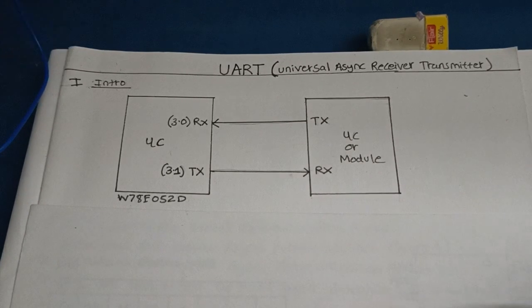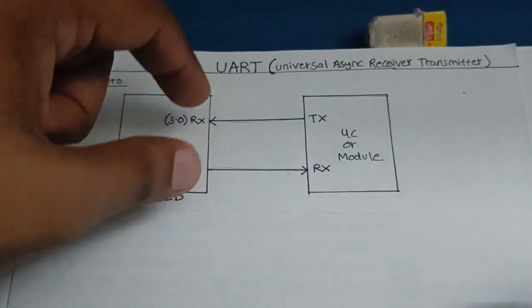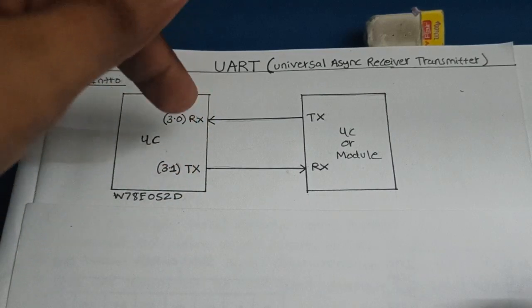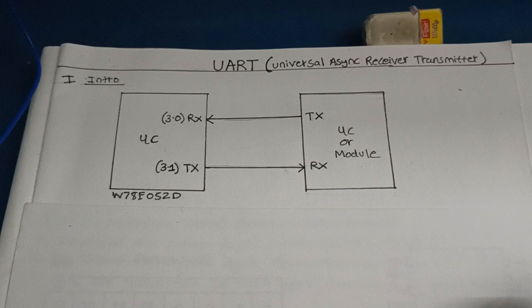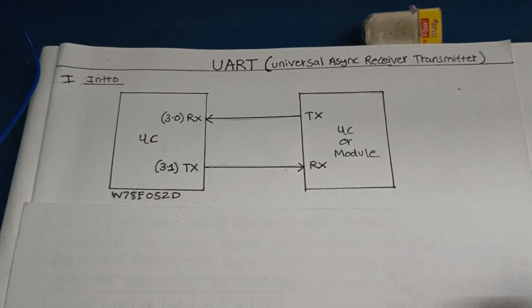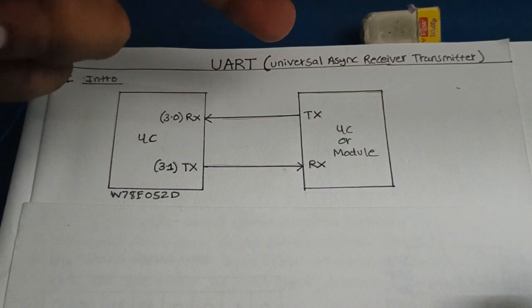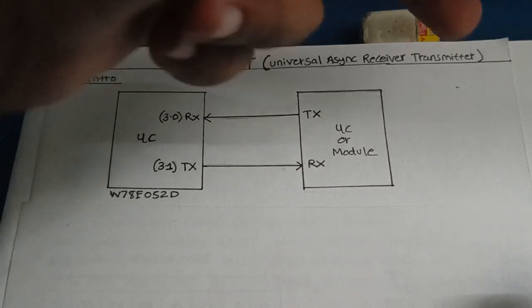That's why they've provided many serial ports, because we can connect only one module to one serial port, and one serial port contains RX and TX. TX will transmit data, RX will receive data, and both can happen simultaneously. How? Using asynchronous communication. That's why it's called universal asynchronous receiver transmitter.